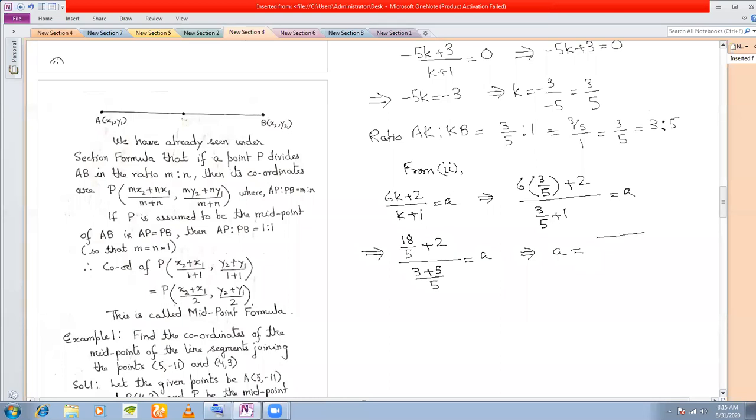Take the LCM in the numerator also. 18 plus 10. It's 5 and this 5 cancel off. You simply get 28 by 8, which you cancel. 7 by 2.